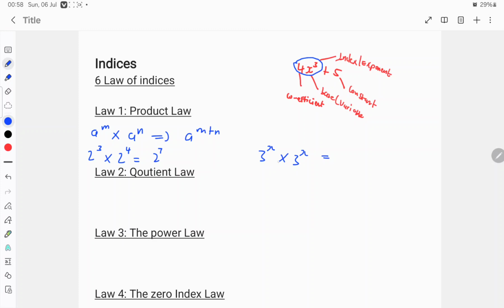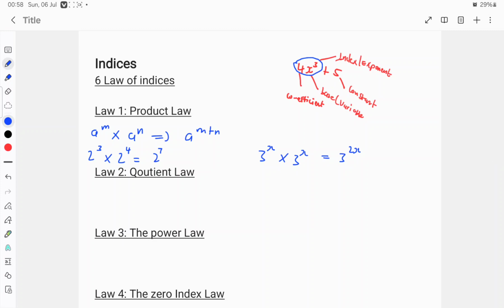Remember, the law says that if the base are the same, then you must add up the index. So it's going to be 3 power x plus x, which is 3 power 2x. Okay, so that's the first law. It's called the product law.